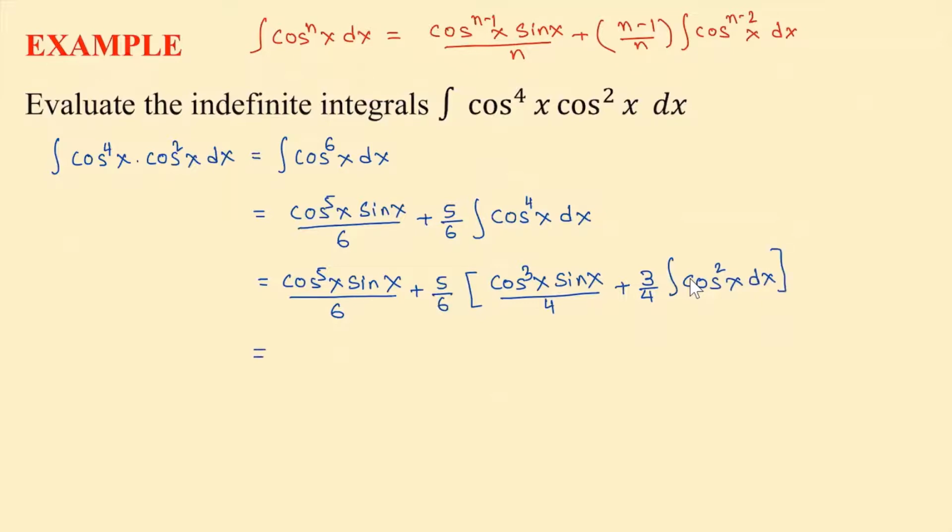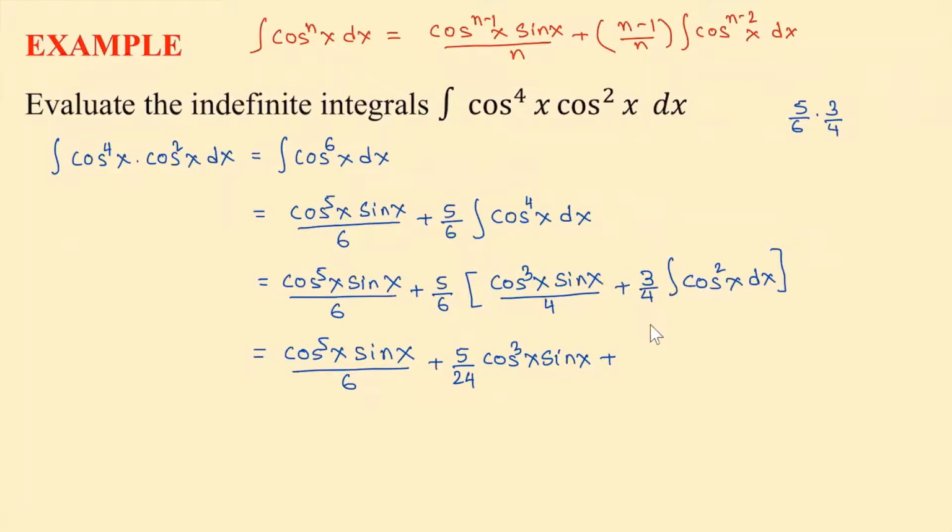Let me simplify this one more step. Cosine to the 5 x sine x over 6. If we distribute that 5/6, it will be 5 over 6 times 4, which is 24, then you have cosine cubed x sine x. Then plus, you are multiplying 5/6 and 3/4 because we are distributing.